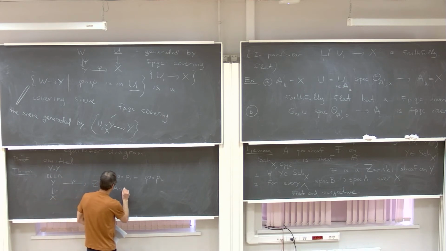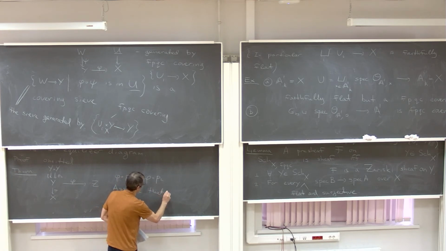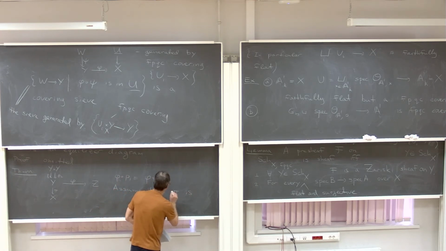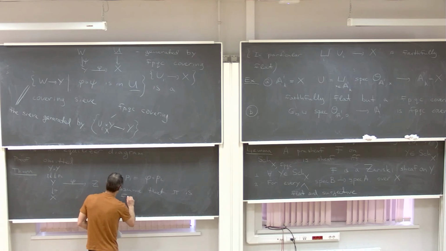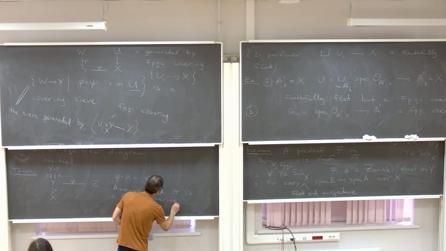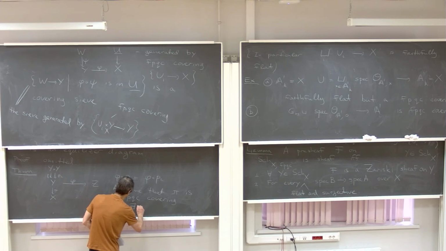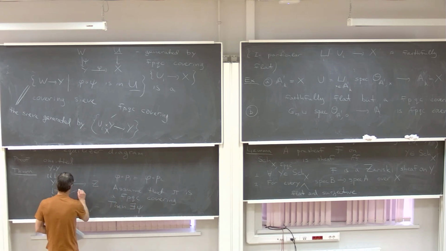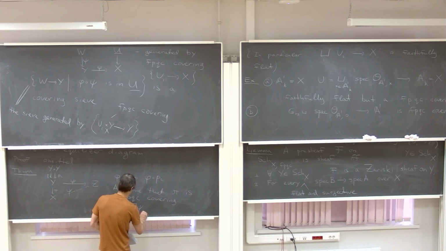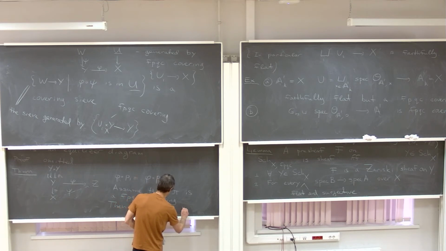Okay. So assume that this map pi is an FPQC cover. Then there exists a unique psi such that the composition of pi and psi is equal to phi.